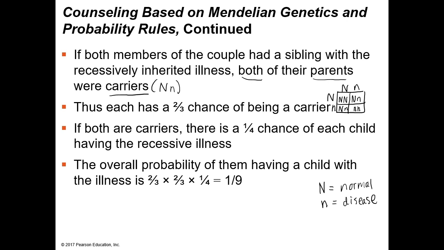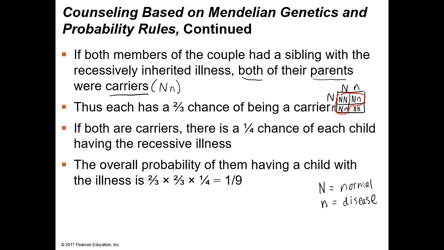So you can see how, because the husband and the wife both had siblings that had the disease, and because they don't have the disease, we're only going to take into account the homozygous dominant and the heterozygous.